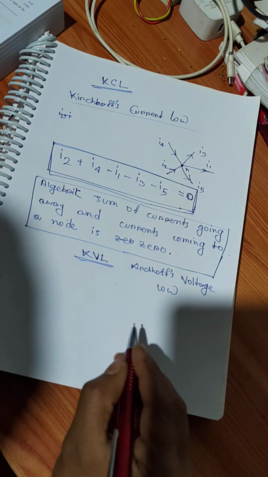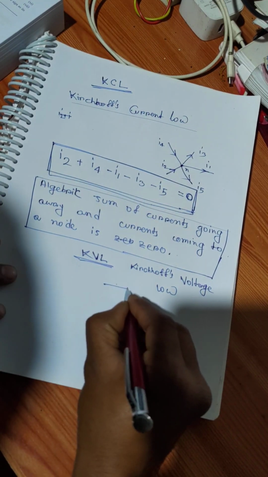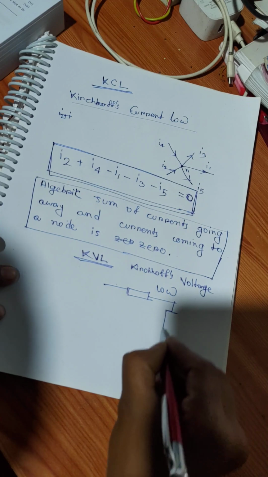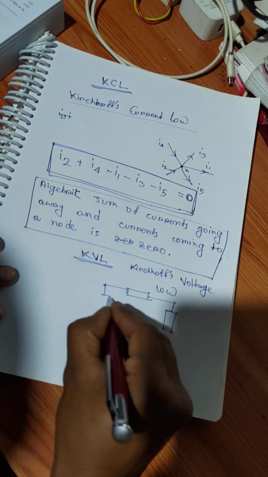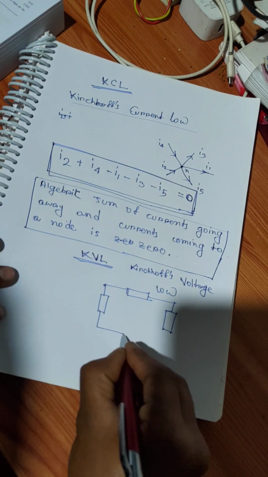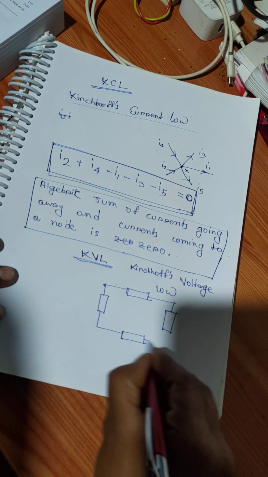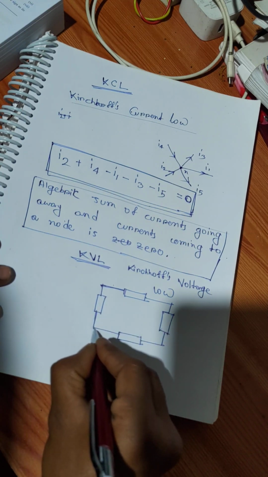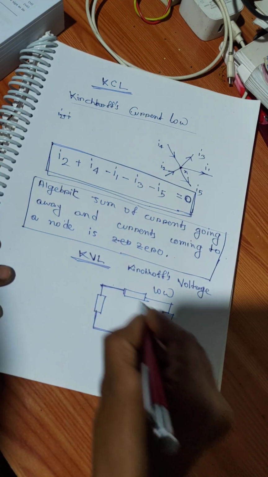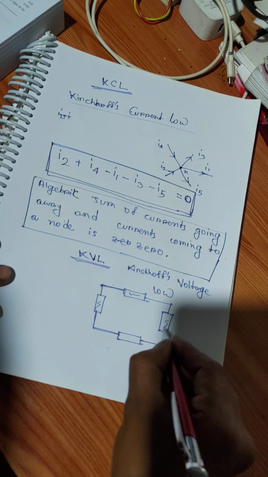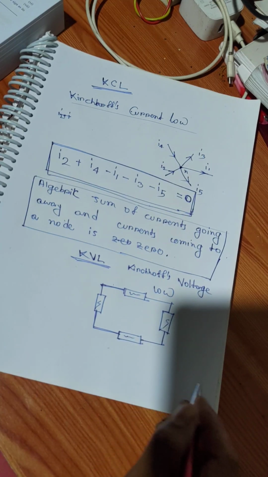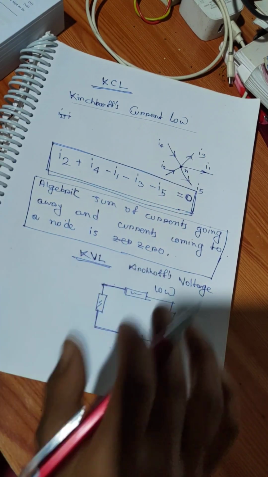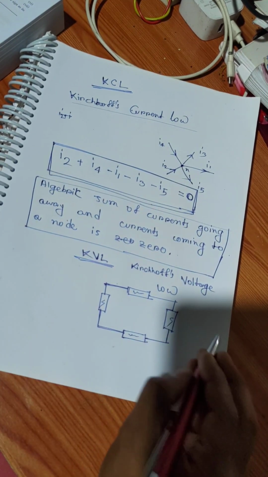Suppose we have one circuit, a normal circuit I am assuming. This is one circuit, and suppose these are the resistances, for understanding this KVL.